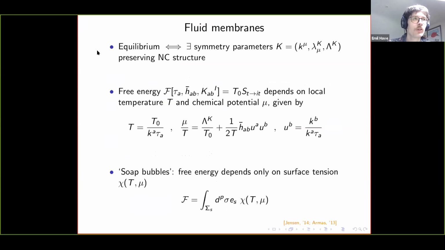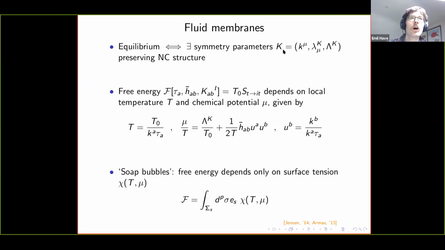In this approach, what you really do is that you geometrize local thermodynamics. So concretely in this context, equilibrium corresponds to the existence of a set of symmetry parameters, which generalizes the notion of a Killing vector.